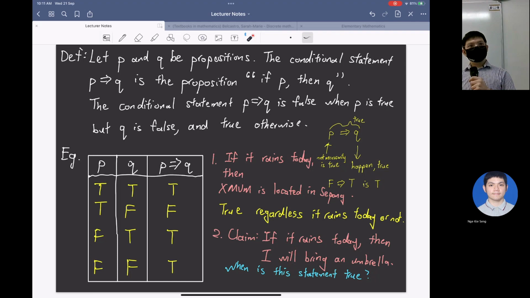Anything else? Isn't it that if it doesn't rain and I don't bring an umbrella, that's also true? Okay, good. Anything else? Yes, correct. As long as you bring an umbrella, it's true. If you don't bring one, then it must not rain. So there are three ways for it to be true.